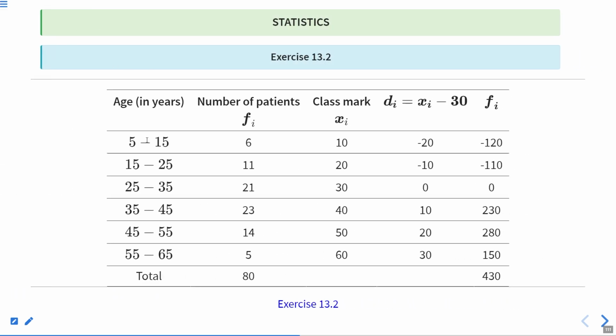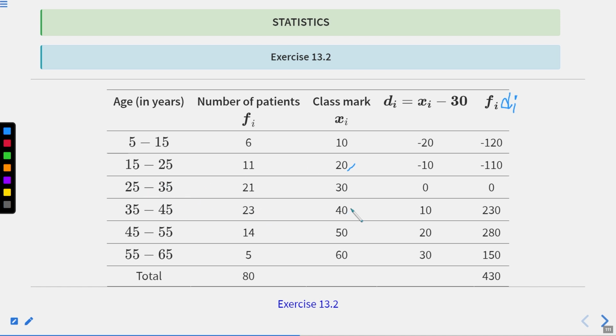For age 5 to 15, the number of patients fi is 6, class mark is 10, di is minus 20, and fi di is minus 120. This is fi times di. For the next class, the class mark is 20, di is minus 10, and fi di is minus 110.